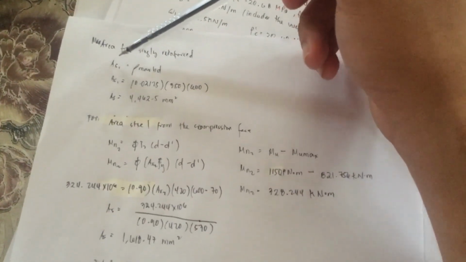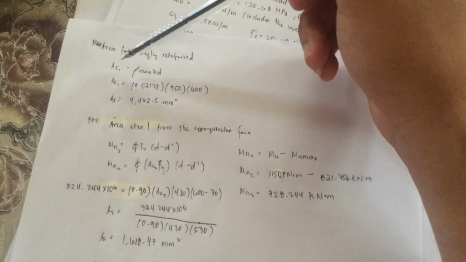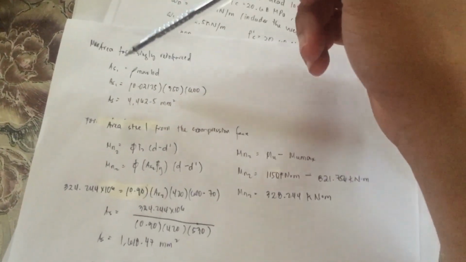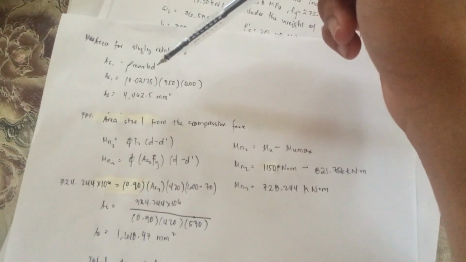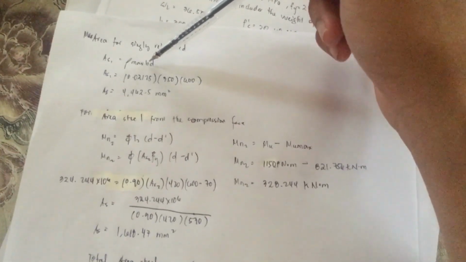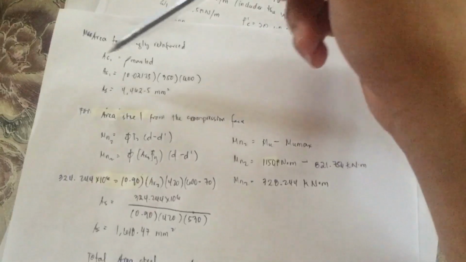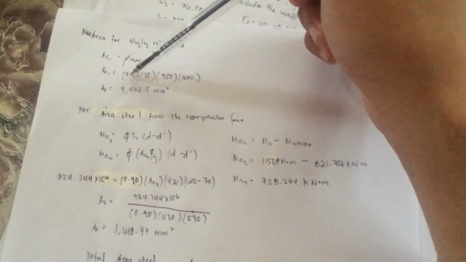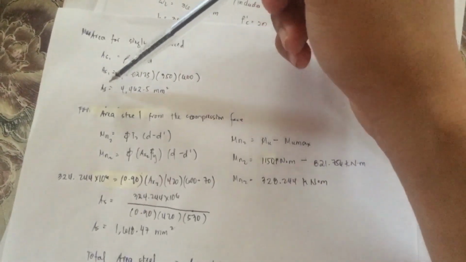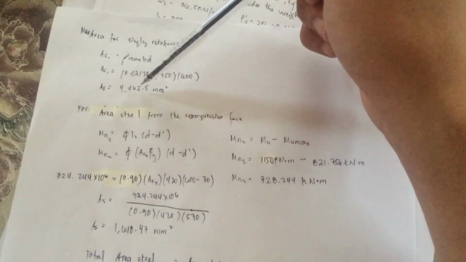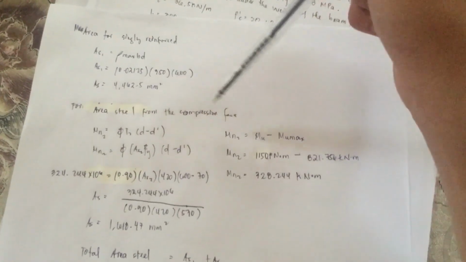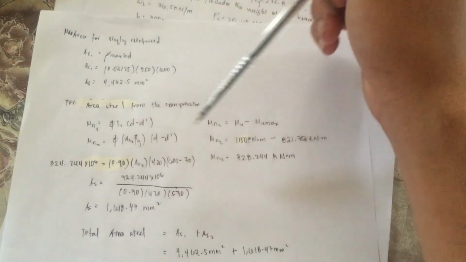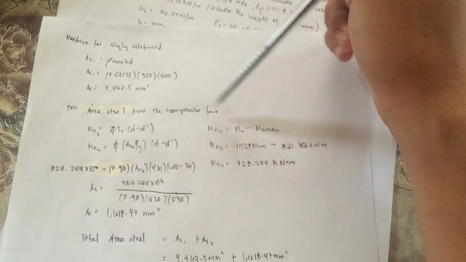So we have AS1, or the area required for steel reinforcement 1, is equal to P max times the width of the concrete beam and the depth of the concrete beam. So by substituting all the values, we get the area of 4,462.5 millimeters squared.